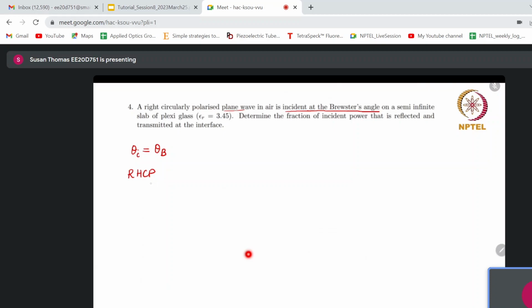It is incident on a semi-infinite slab of plexiglass. So we have a plexiglass which is a semi-infinite slab, whose epsilon r is 3.45.